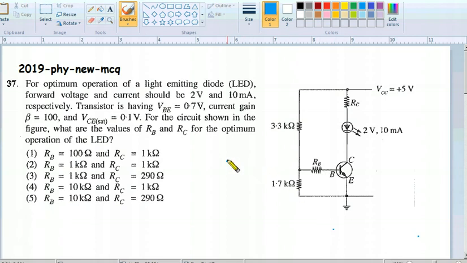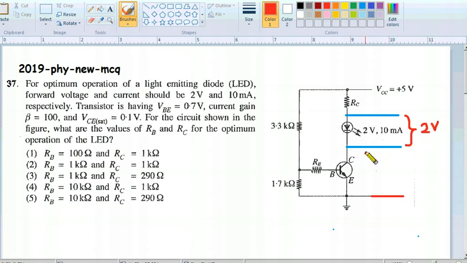So children, first of all, let's mark the values they have given in the question in this diagram, like this. The voltage is given for the diode, for the LED. The suitable voltage is 2 volt.